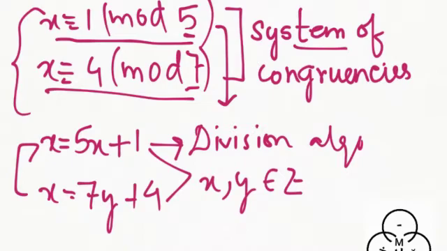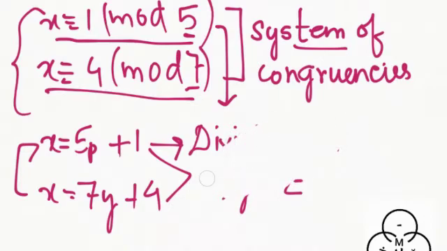So these two are examples of Diophantine equations. If you know how to solve a Diophantine equation, then you are good to go. For those of you who don't know how to solve one, this is also very simple.